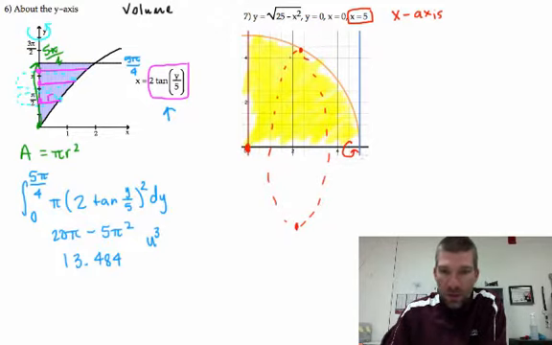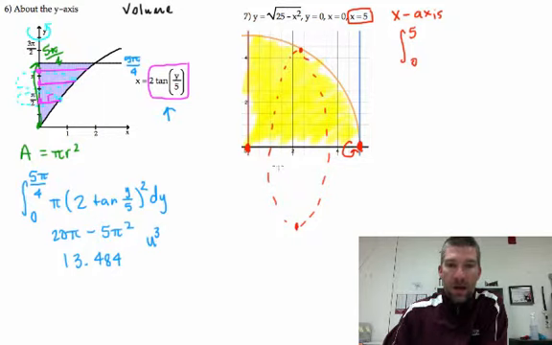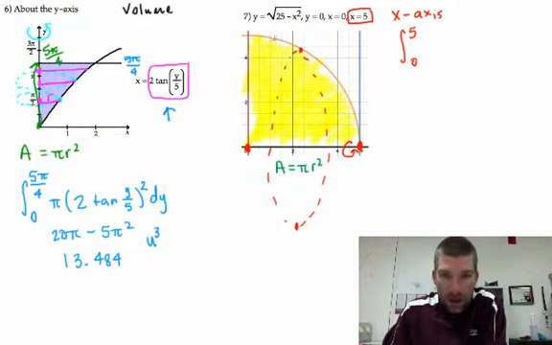So the question for us is, where do we start and stop? We start at 0, we stop at 5. So we're going to have an integral from 0 to 5. I get a circle shape just like I got on the previous problem, because as you rotate around a fixed point, it does create a circle. So I am going to work with A equals pi r squared. That's the area. And if you integrate area, you get volume. Well, how do I determine my radius?